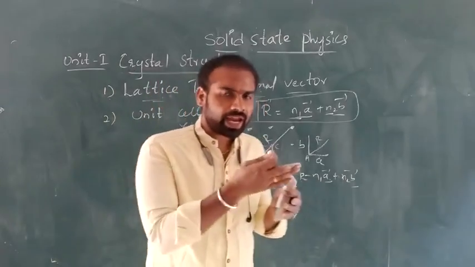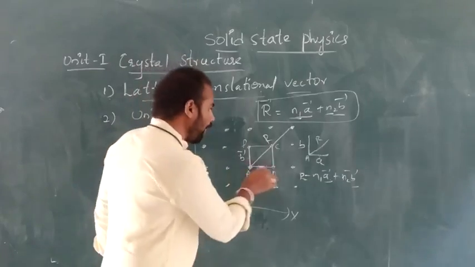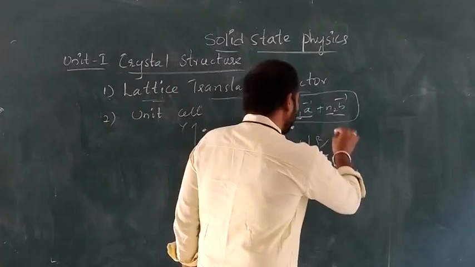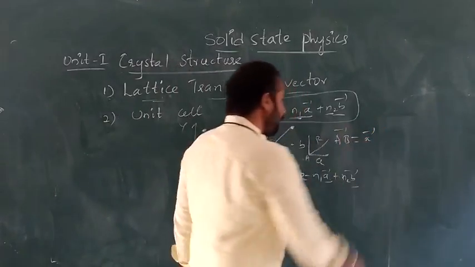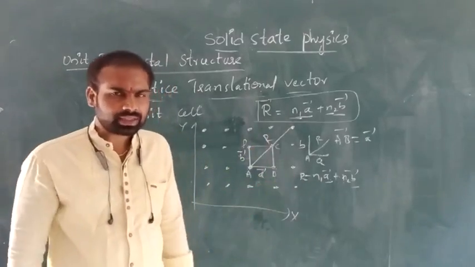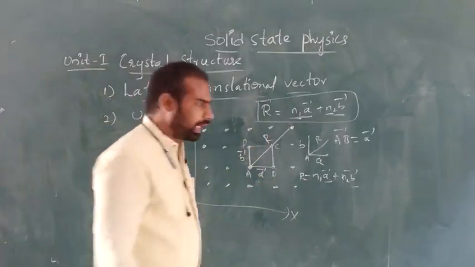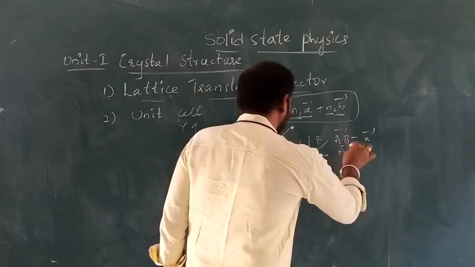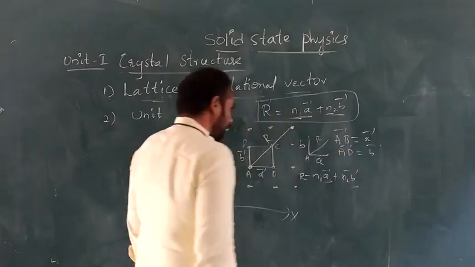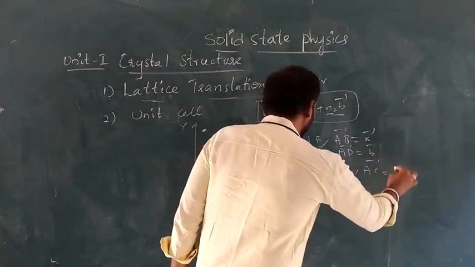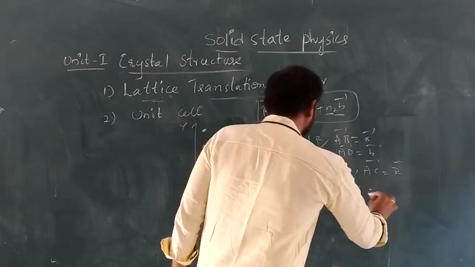From point A to point B, A B bar is equal to A bar in the lattice. These are imaginary points, concepts. Now like that, A B bar is B bar. Now A C bar is what? Our R bar, which is equal to how much?